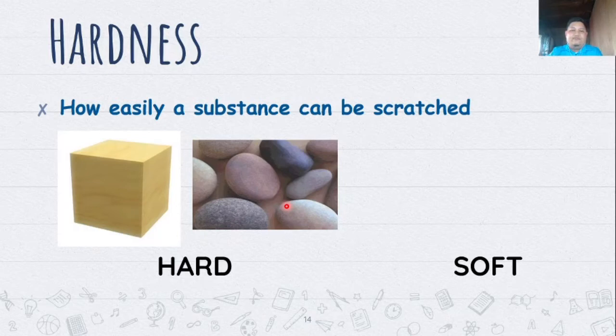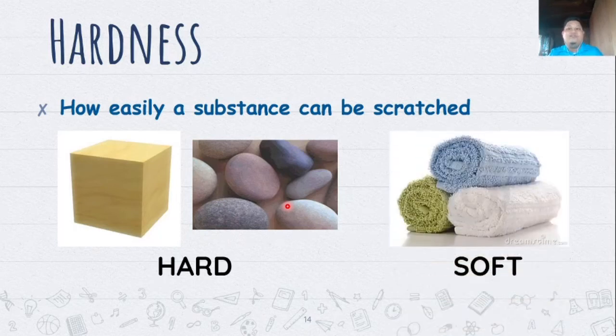And if the material is capable of being scratched easily, it is said to be soft, just like towels and cotton. This is another physical property of matter, hardness.